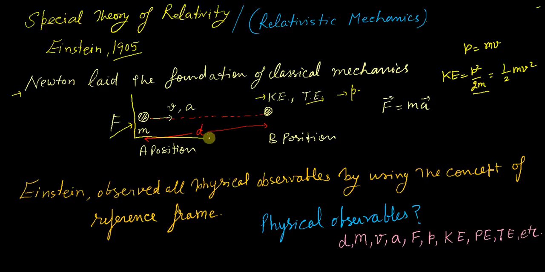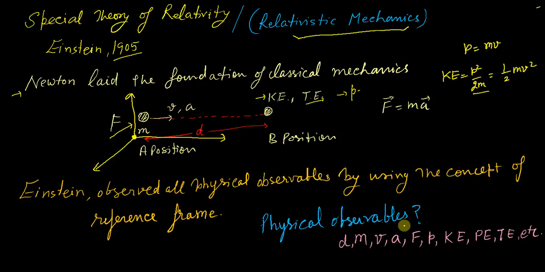If I make this coordinate system here, then the mechanics of this particle, you will see, has velocity, force, kinetic energy, etc. But now all the physical observables are with respect to this coordinate system, the origin. This is the additional part which Einstein introduced into the mechanics, and because of that we say relativistic mechanics.